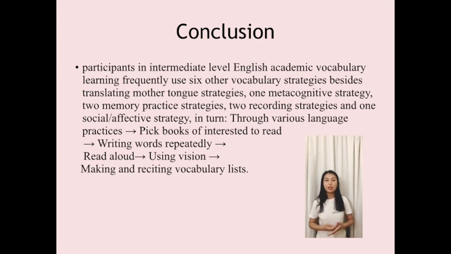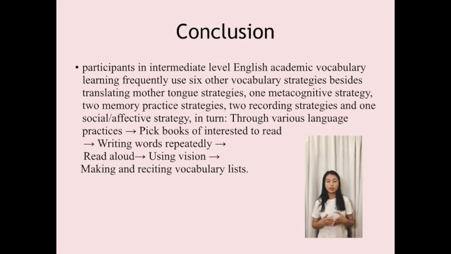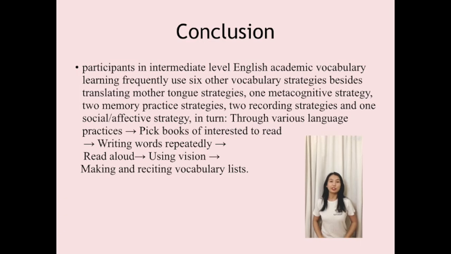The second one is that students should search for a variety of vocabulary learning materials in the process of self-study. Students generally believe that learning academic vocabulary is the most important part of language learning. But learning academic vocabulary is very difficult, so we should learn academic vocabulary critically by using different effective learning strategies.